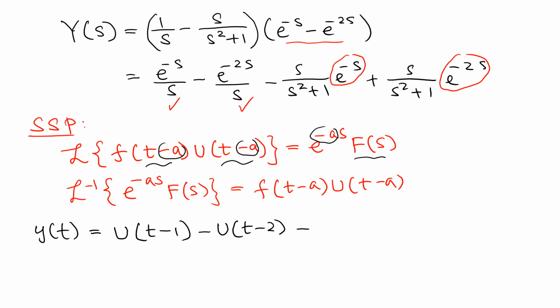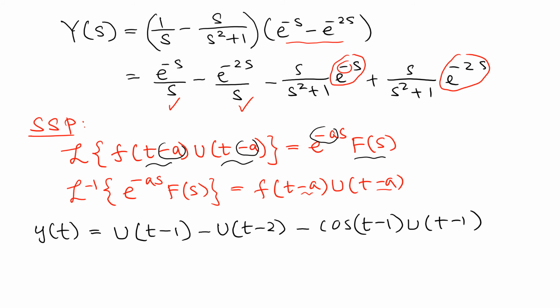The next one is the interesting one, because s over s squared plus 1 is a cosine. Because of the second shifting property, you replace cosine t by cosine of t minus 1, because you see e to the minus 1 here, and then you also need to multiply by u(t minus 1).